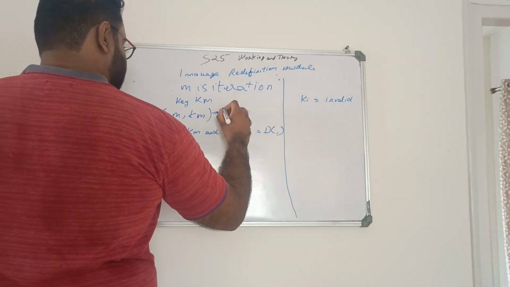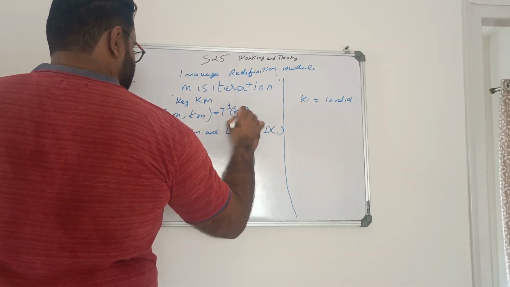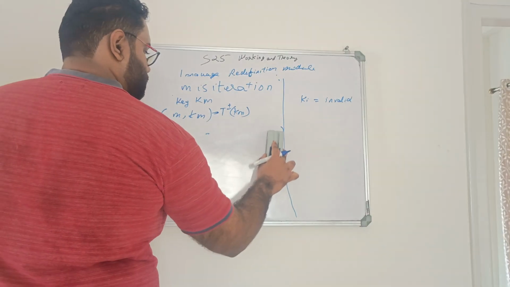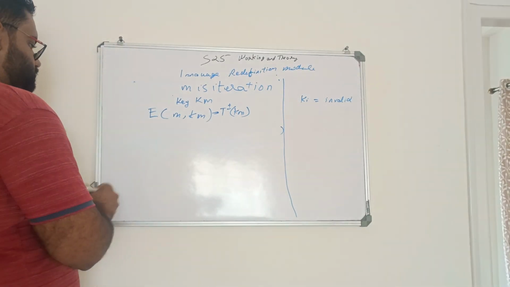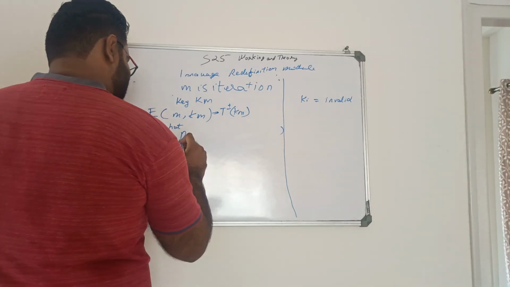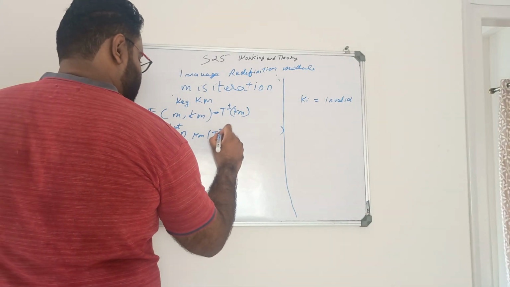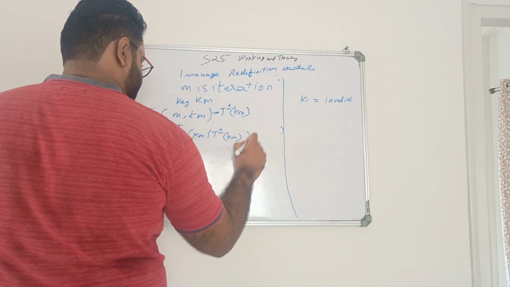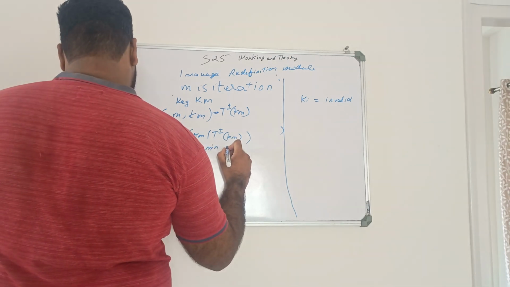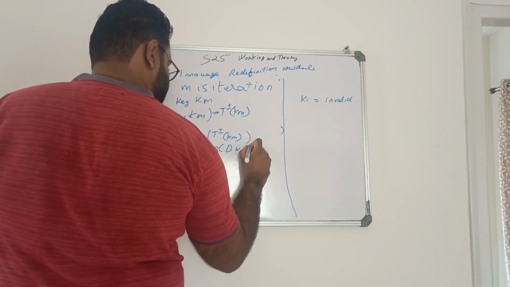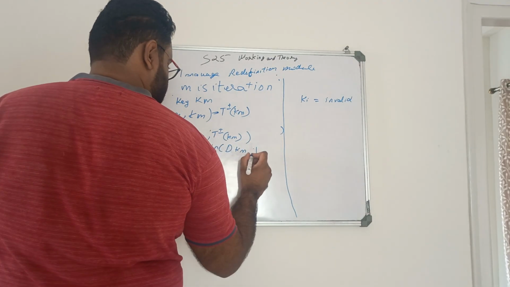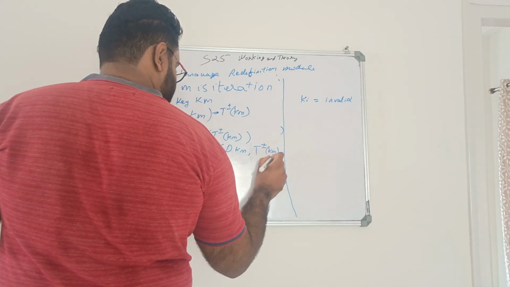So this is going to be equal to T plus or minus Km such that the distance between Km and T plus or minus Km is equal to the minimum of D of Km given T plus or minus Km.